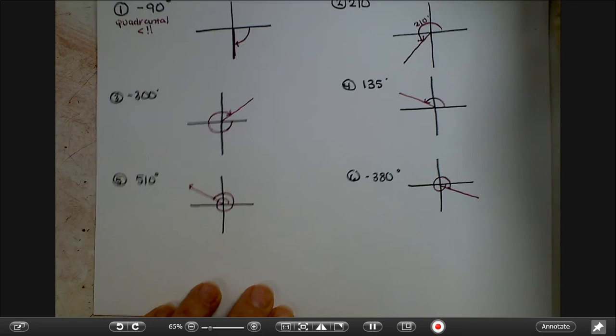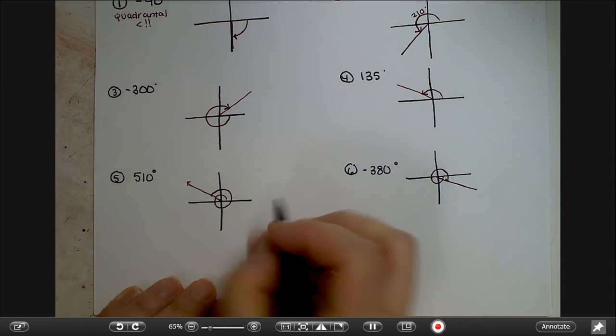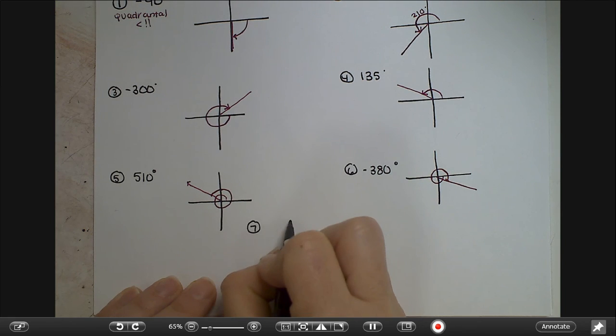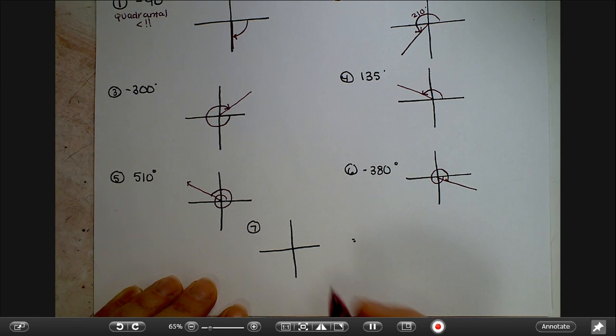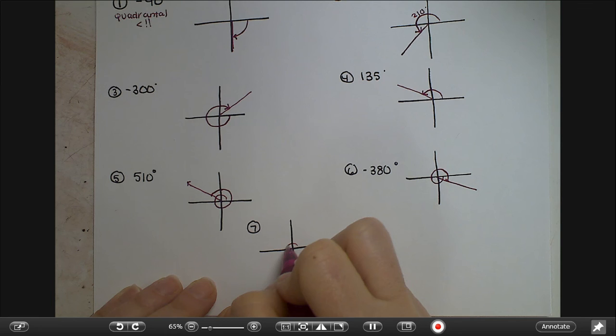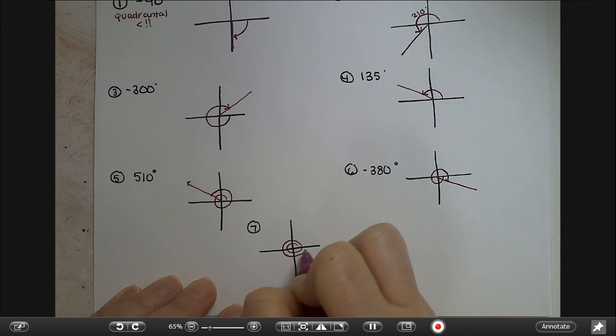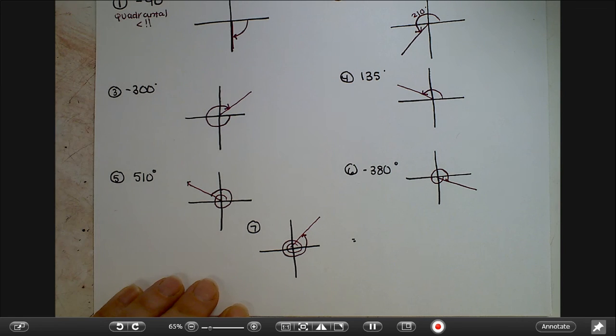And you may also be asked to look at an angle that's drawn and tell how many degrees. All right, so let's see.